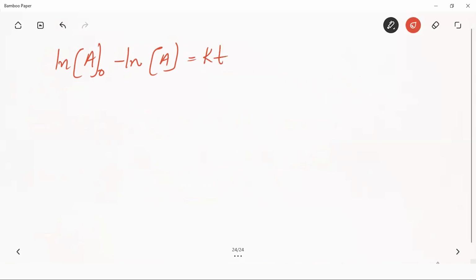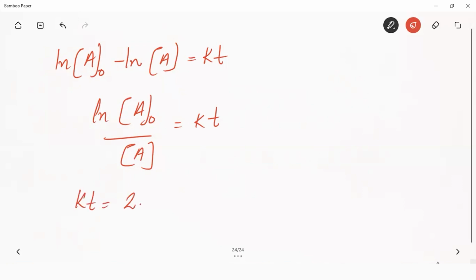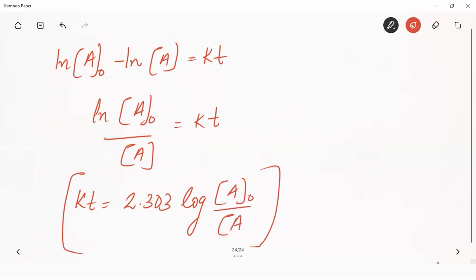Log A minus log B is log A by B. That is equal to Kt. Now you have to convert the natural logarithm to the base 10. You will be getting Kt is equal to 2.303 log A0 by A. This is the final equation for the integrated rate equation.